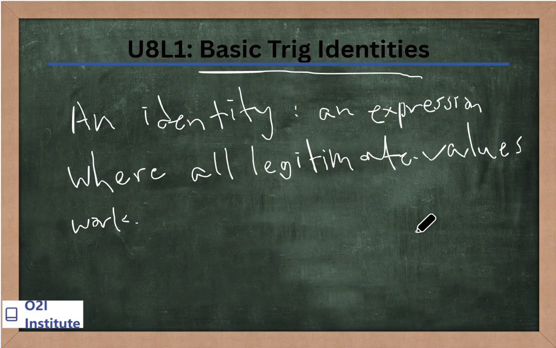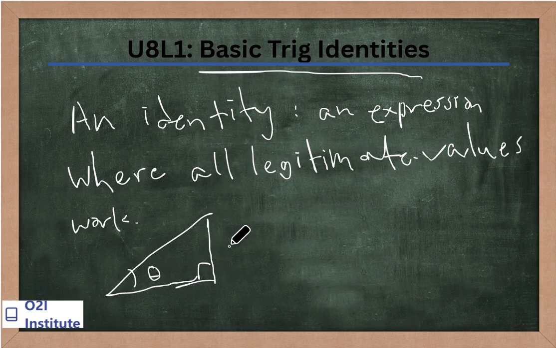So, to better understand this, we can take a simple example. Let me just draw a right triangle here, and let's label this angle theta. So this would be the opposite side, this would be the adjacent side, and this would be the hypotenuse. Now let's take the sine of theta.